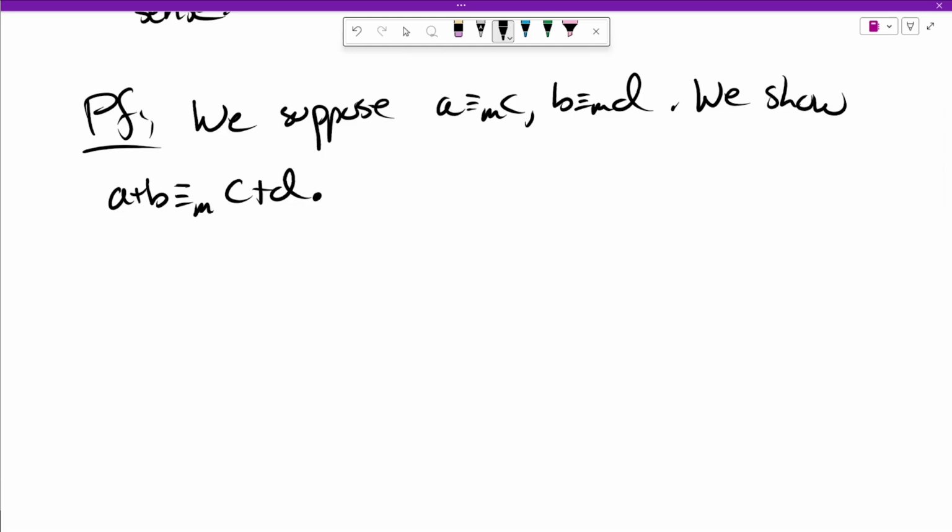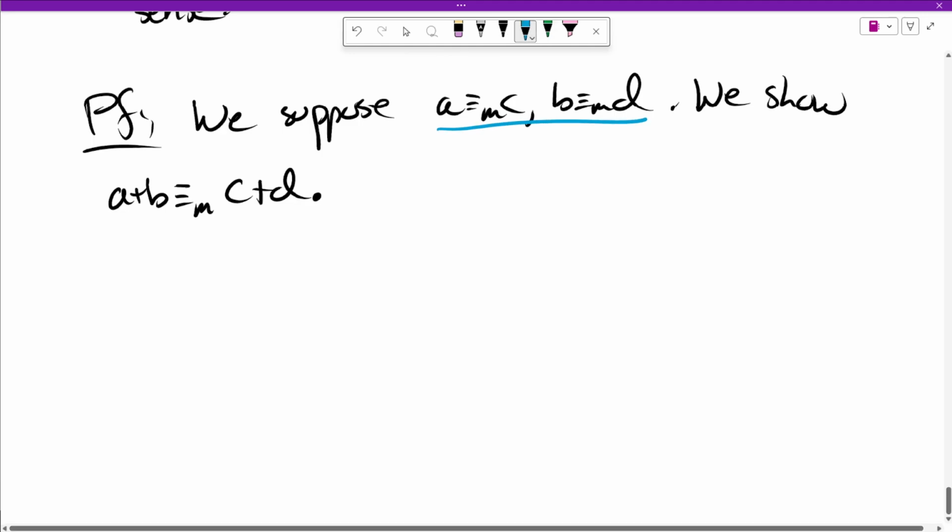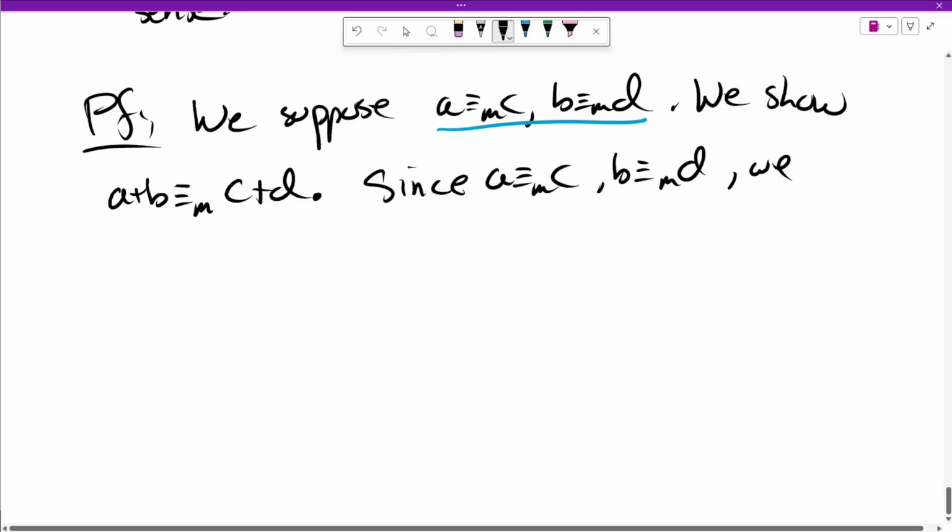All right, so let's write out what our hypothesis is telling us. Since A is congruent to C mod m, and B is congruent to D mod m, we have that m divides A minus C, and m divides B minus D.